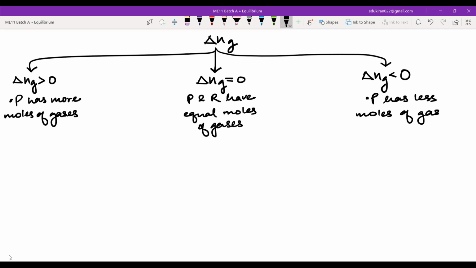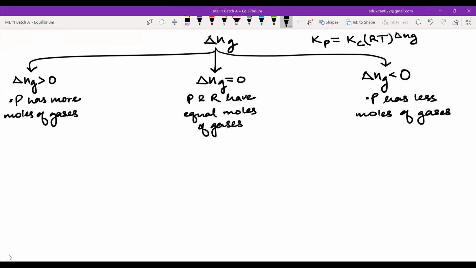Now, what is the relationship? For all of these cases, Kp is equal to Kc into RT to the power of delta ng. If delta ng is greater than 0, that means it is positive. R is also positive, T is also positive, because temperature can never be negative in the Kelvin scale.